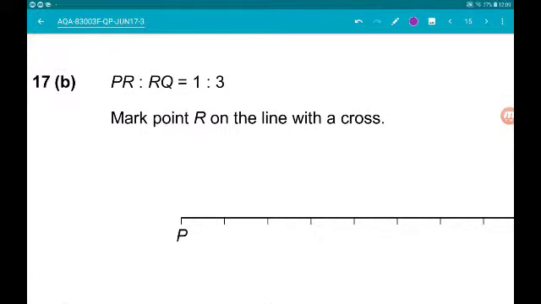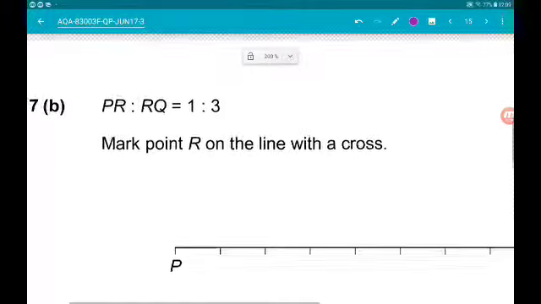In part A, we were given the ratio between the left of the line and the right of the line, and the left of the line with a point somewhere in between. Here, we're going P to R, so P to a point somewhere on the line, and then 2 in the ratio from that point to the right end of the line.